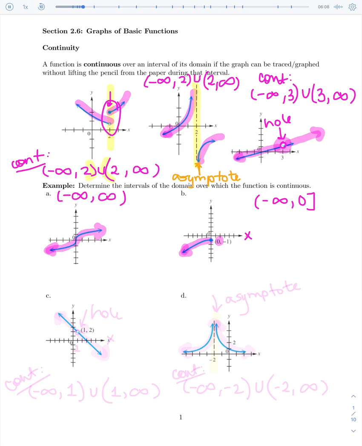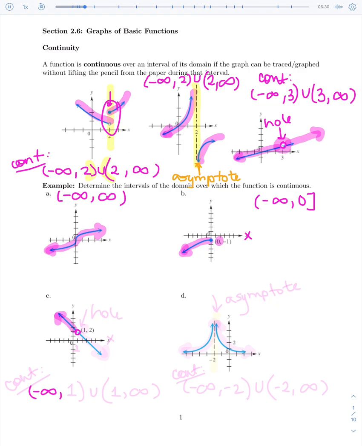Next one, let's take a look. We're tracing our graph from left to right up till the point, but there's an open circle there at the point, so I cannot include that. So that means I can trace from negative infinity on the left all the way up to the point. Be careful.